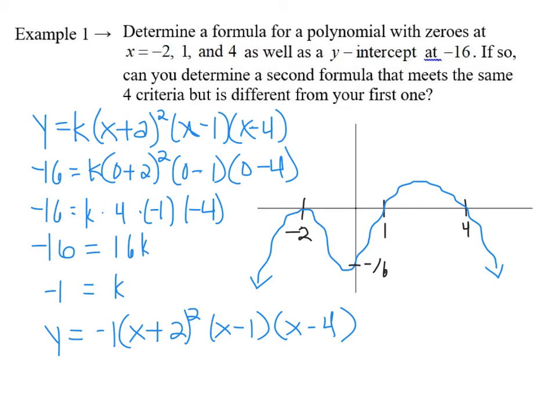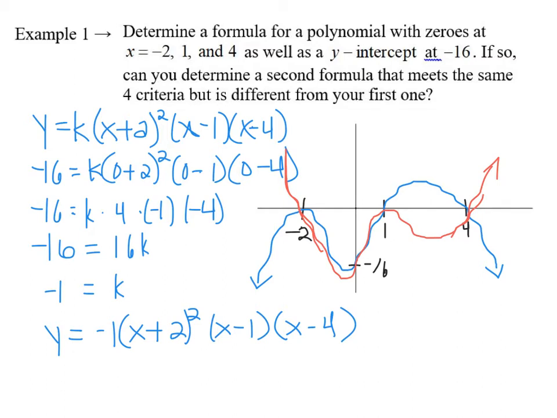We could have done something like this with the red graph, come through the -2 like we did before, come back up, hit the -16, and then done a double zero at 1, okay?